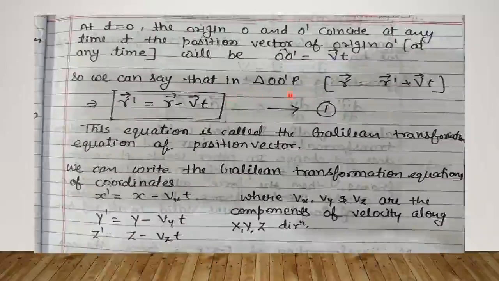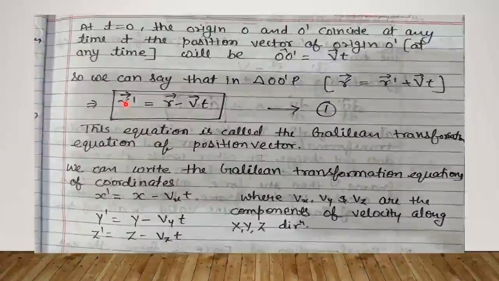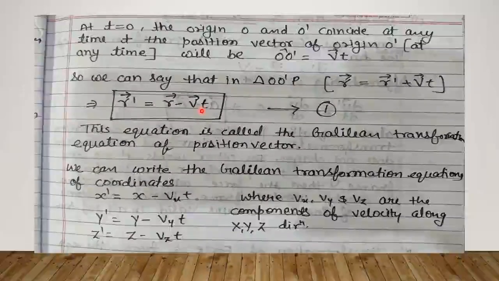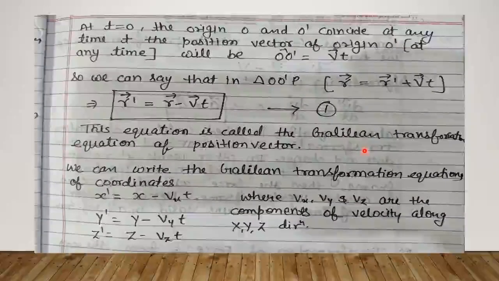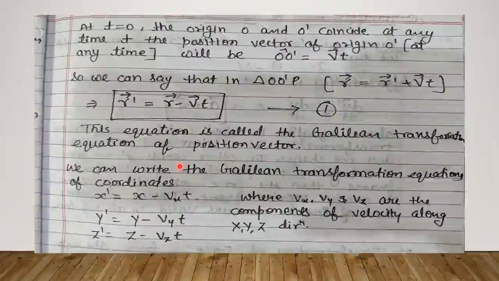Then in the triangle OO dash P, according to the vector law, we can say that r dash equals r minus vt. This equation is called the Galilean transformation equation of position vector because it shows the position of the particle in both the frames.